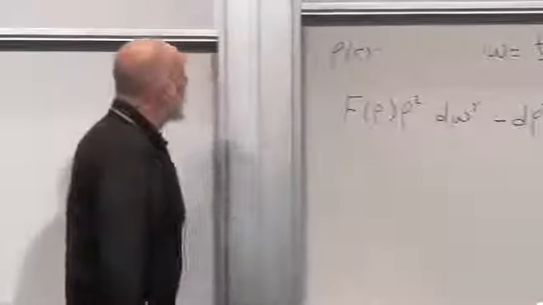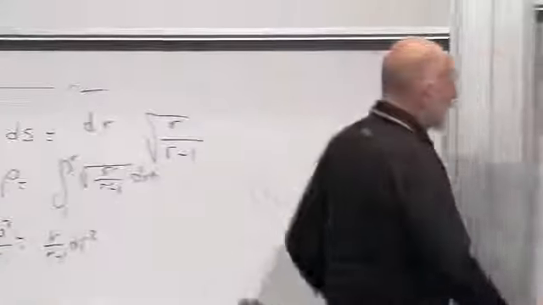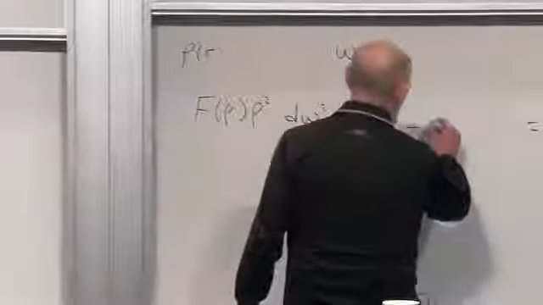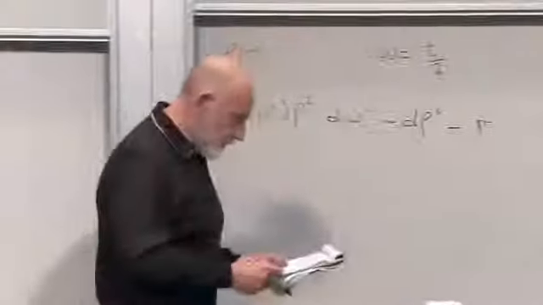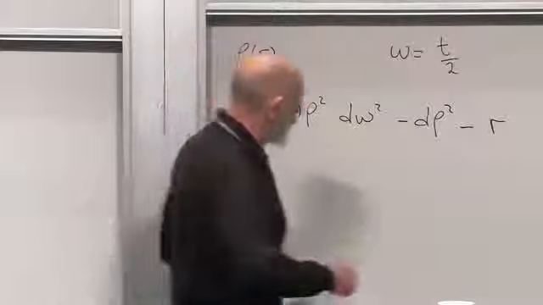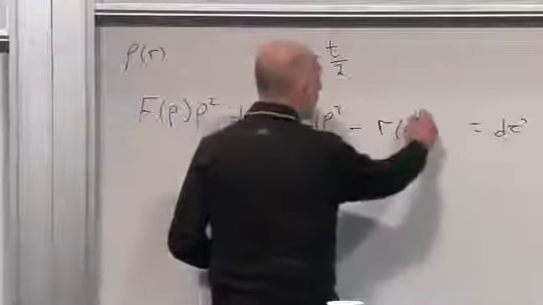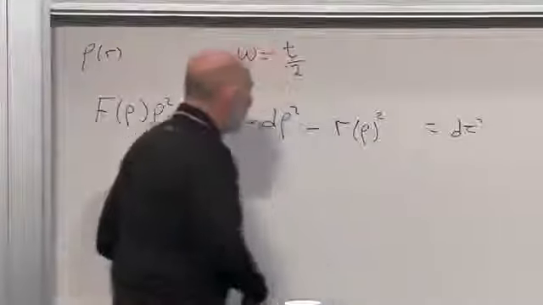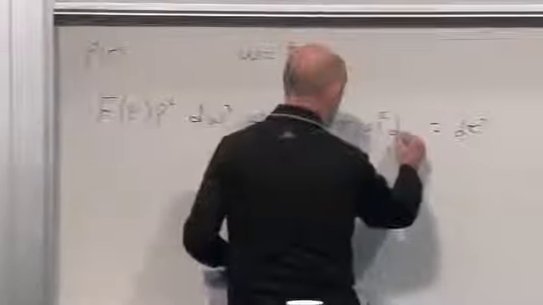And what about the last term? The last term is r squared times omega squared, but r is also some function of rho. We haven't worked out what it is exactly, but it is a function of rho times the omega squared.